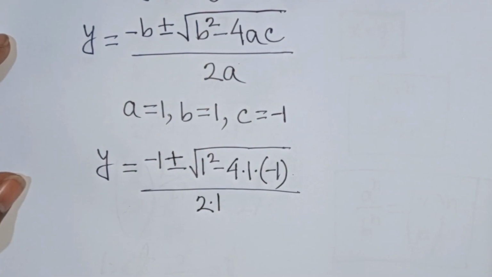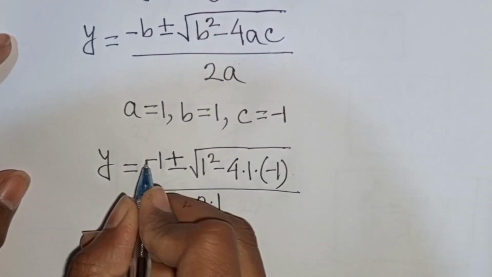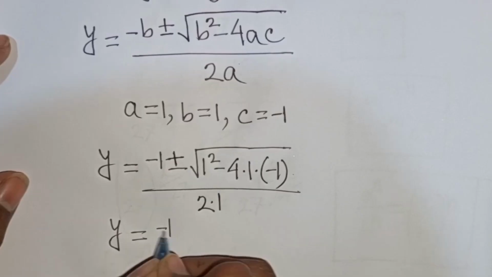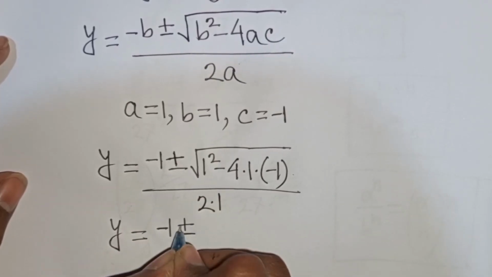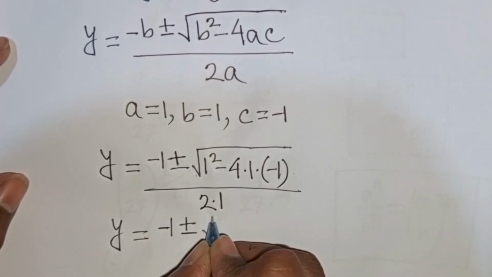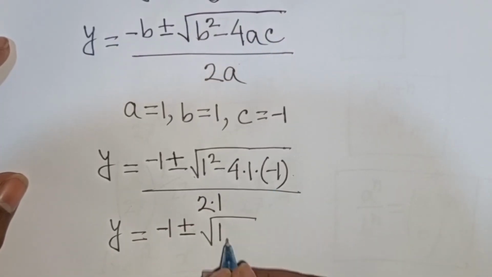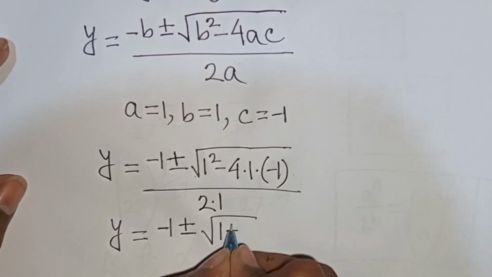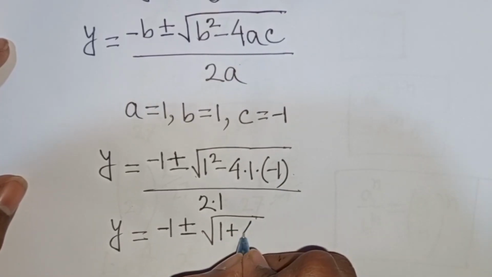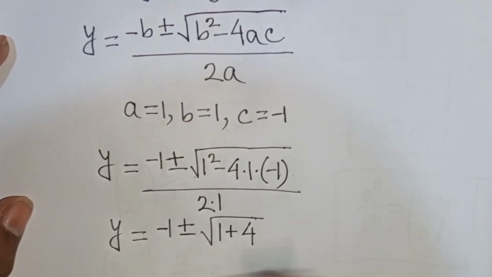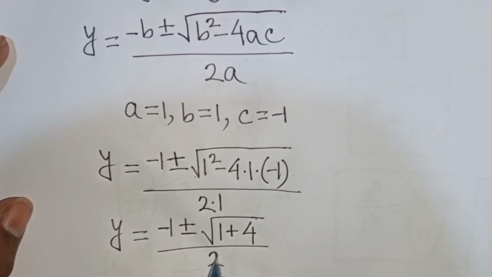Now we can write here y is equal to minus 1 plus or minus square root of 1 square is the same as 1, then minus times minus, that means it will be plus, then 4 times 1 times 1, that means it will be 4, then divided by 2 times 1, that means 2.